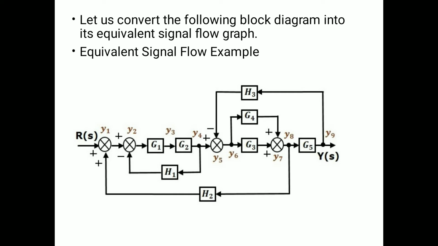See here there are two summers present at the input and then there is a gain G1 and G2 with the feedback H1 and then a summer, and so on, like gains and summer etc. in block diagrams.